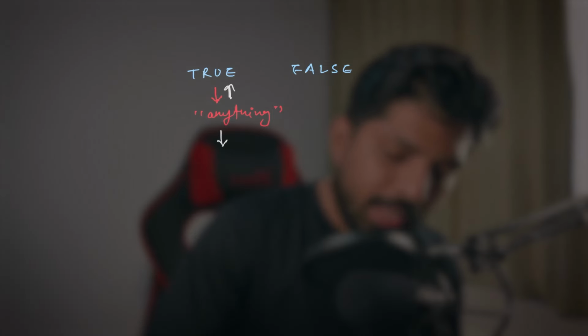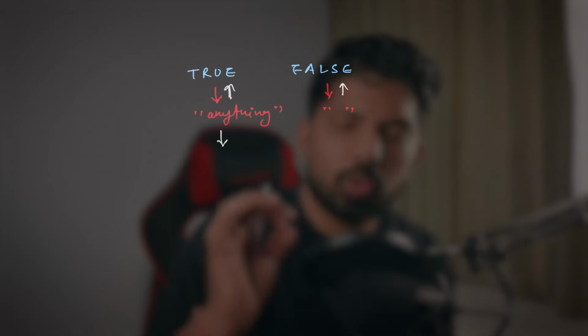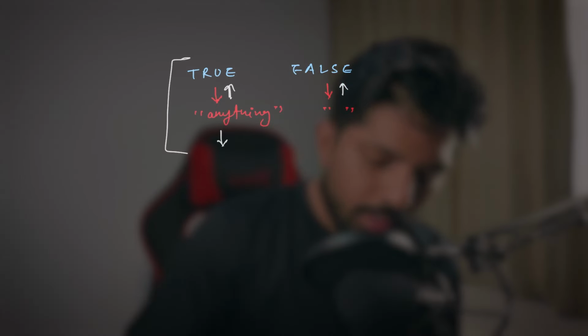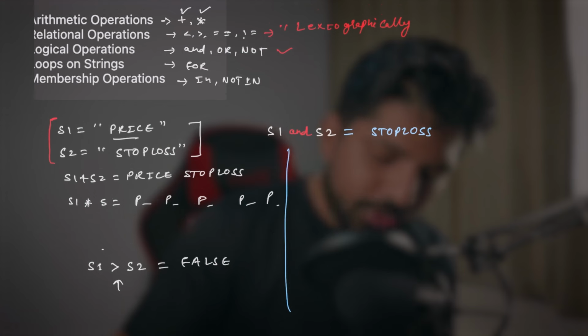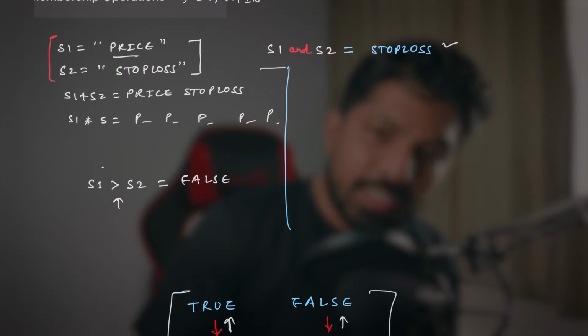And if any string is empty, then it becomes false. So that's a simple idea. Now let's perform some more operations. Here, as we perform the AND operation, it gives me stop loss. Why? Because it checks both the values.